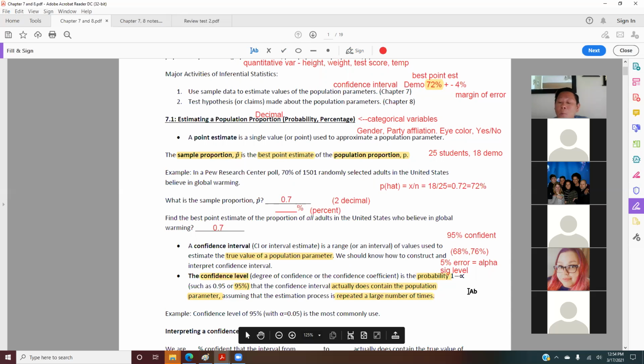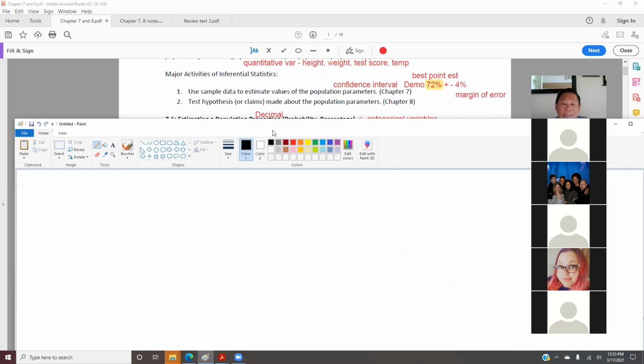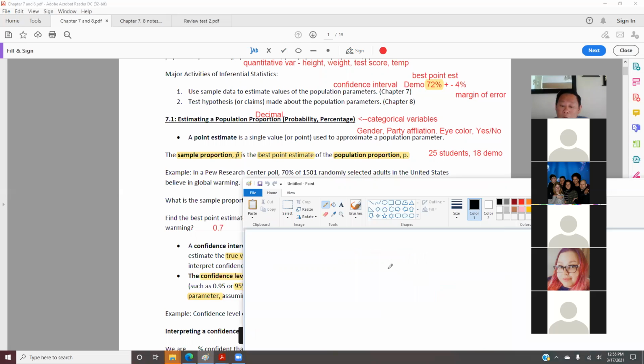So let's say I collect this class. We know the percentage of Democrat and Republican is around 50%. So if I collect the first sample, your confidence interval is going to be around 50%, let's say 47% to 53%.